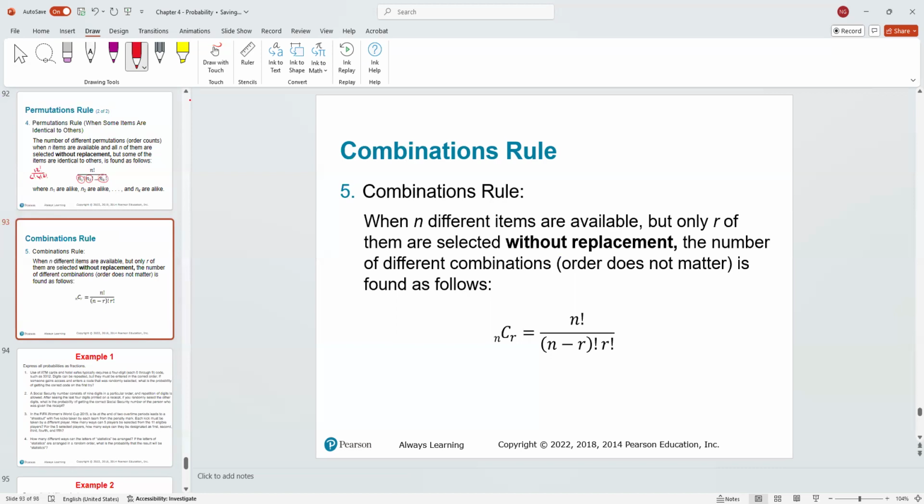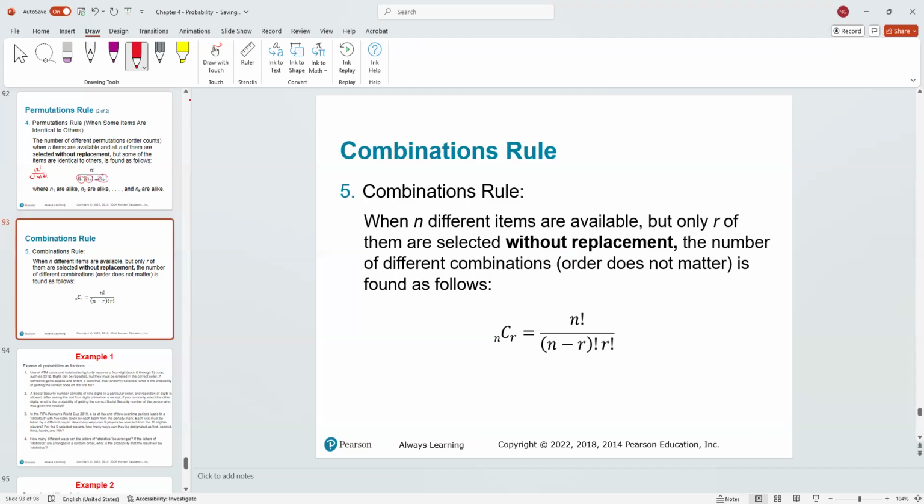I'm trying to cover all the rules with you right now so we can focus on doing exercises after. The combination rule is used when there are n different items available for selection.